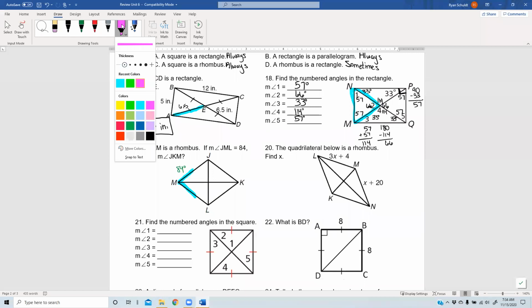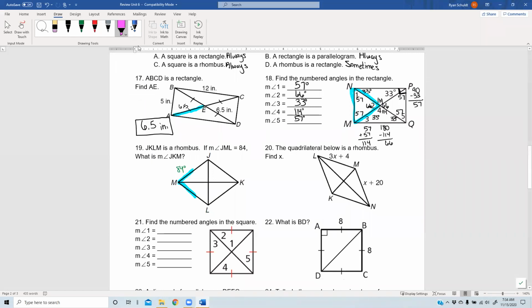So the one they want me to find is JKM, this one right here. Well, what do we know? If JML is 84, what do the diagonals do to angle M and angle K?